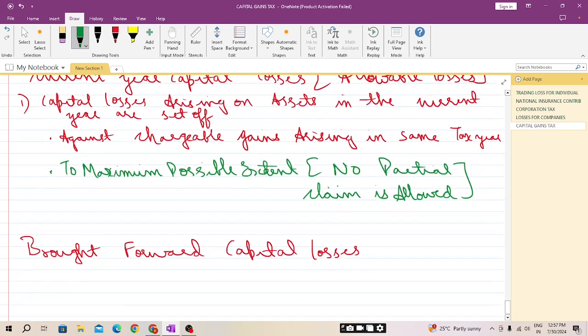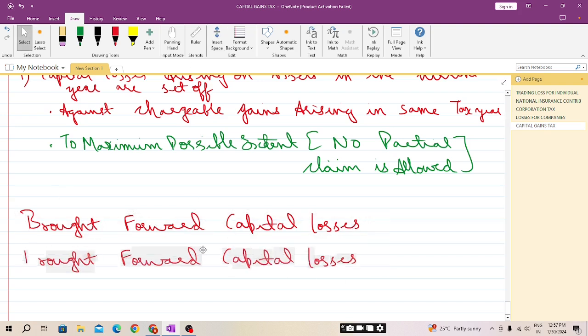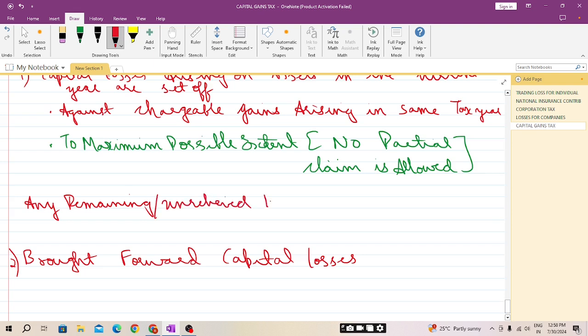So students, if we have any unrelieved loss, then it will be carried forward. This is the second point.